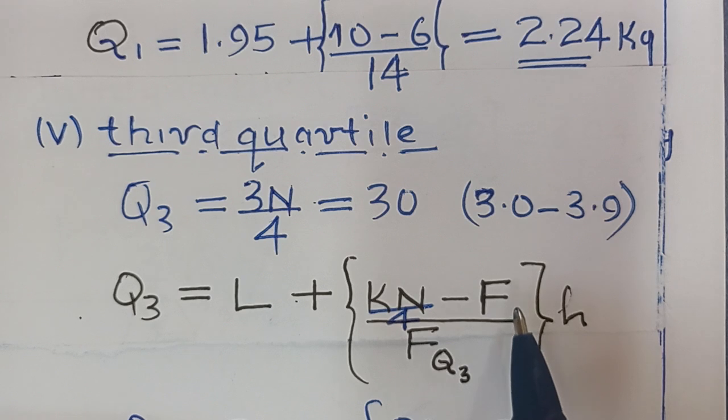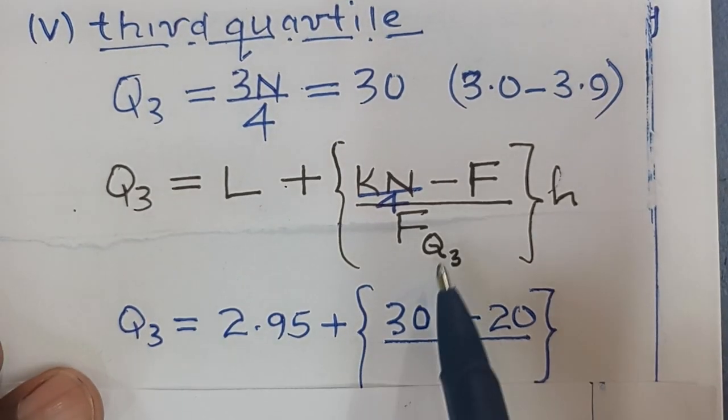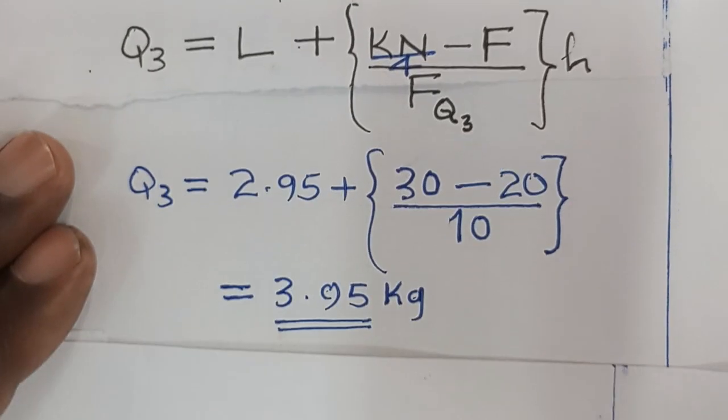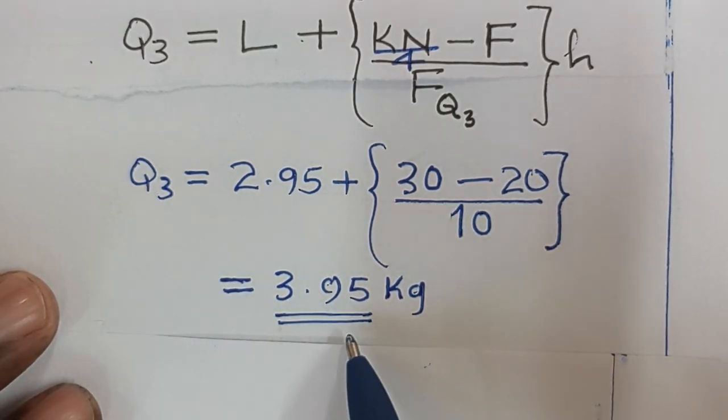Before the quartile class, guys, we have 20. And then for the quartile class, we have the frequency of 10. And so, guys, when we do that, we will get 3.95 as our third quartile.